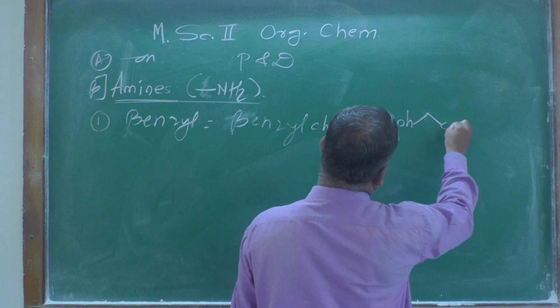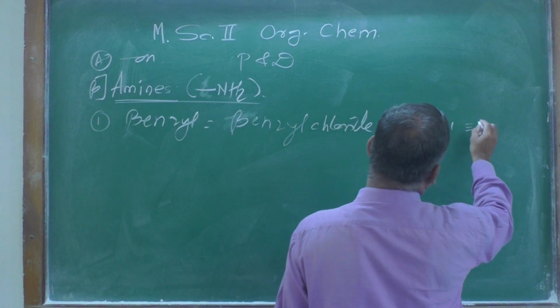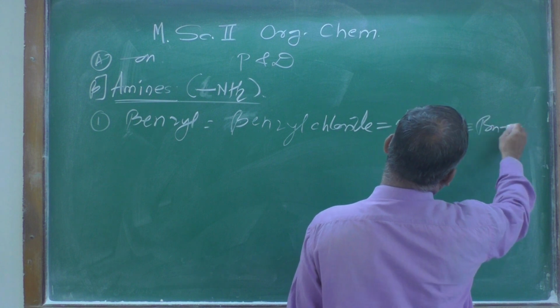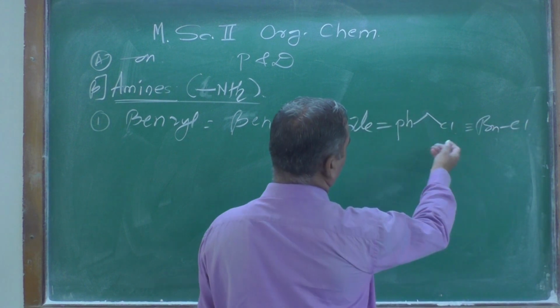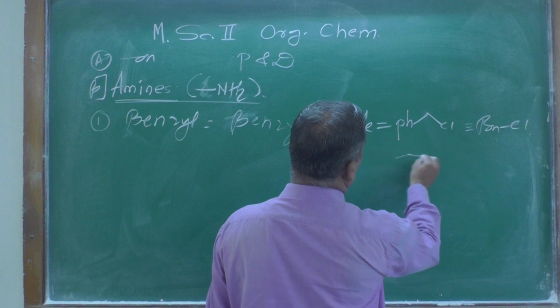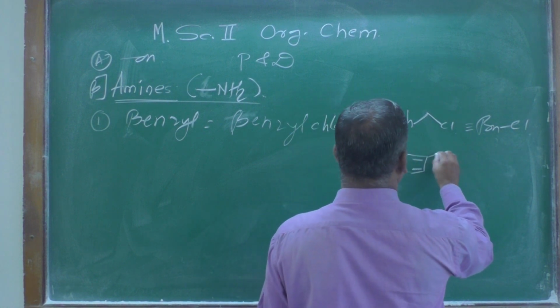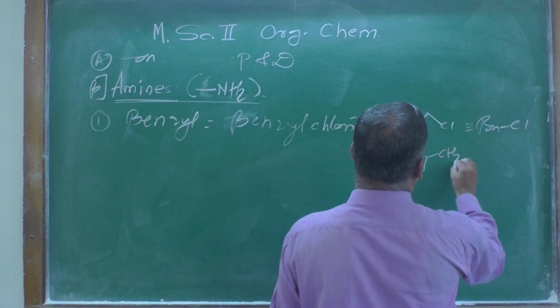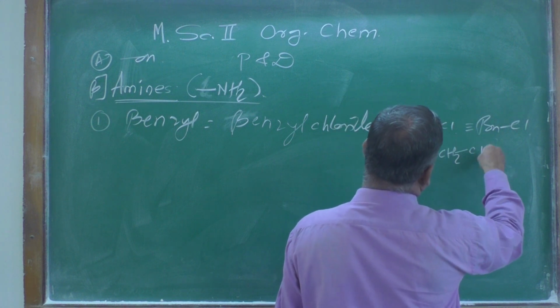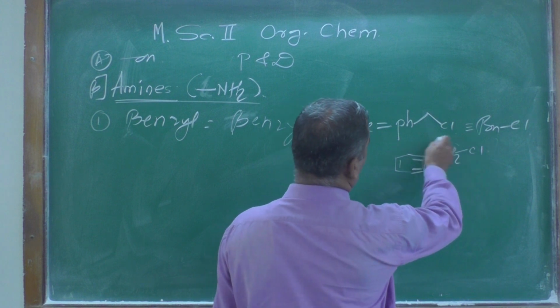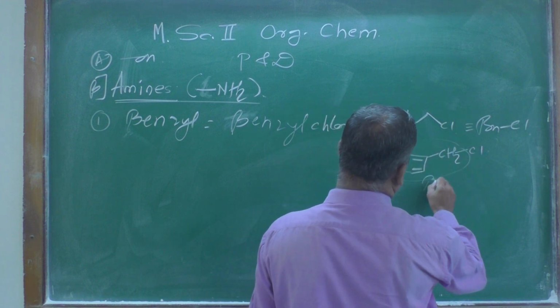then CH2Cl, or in short we can write BnCl, or we can write the structure: phenyl, as we know the structure of this one, a benzene ring with CH2 and then attached Cl, and this part is known as the benzyl part, right?